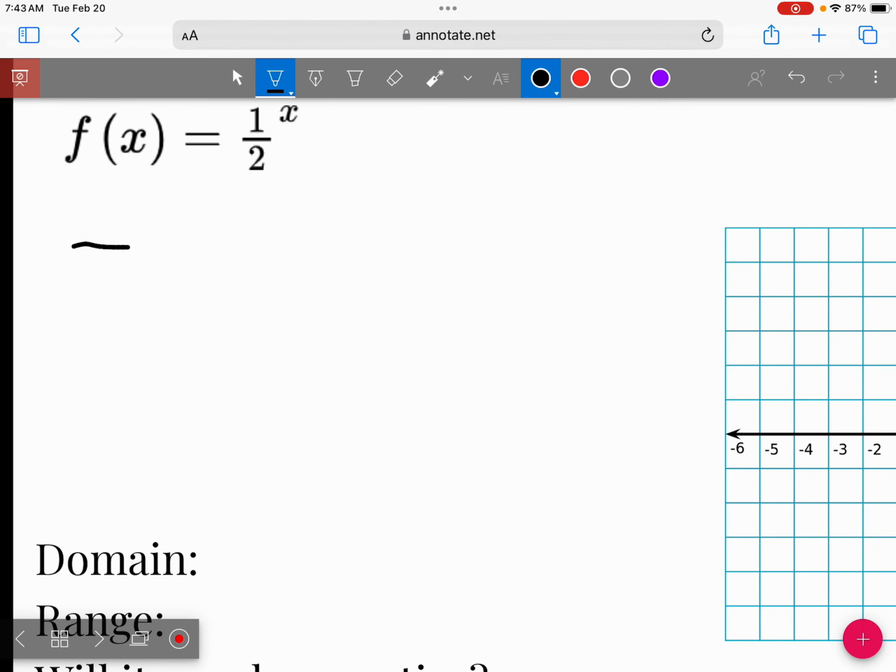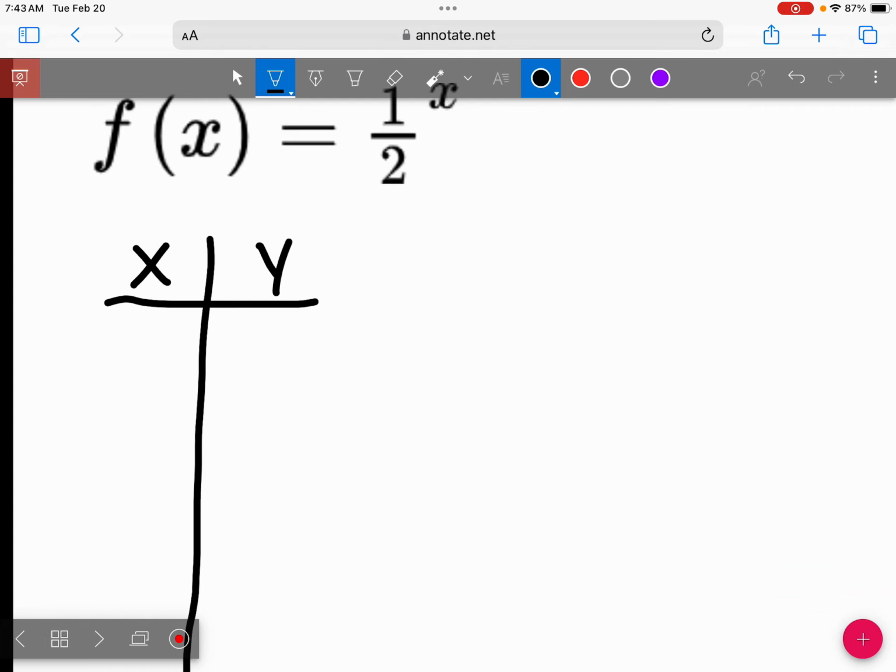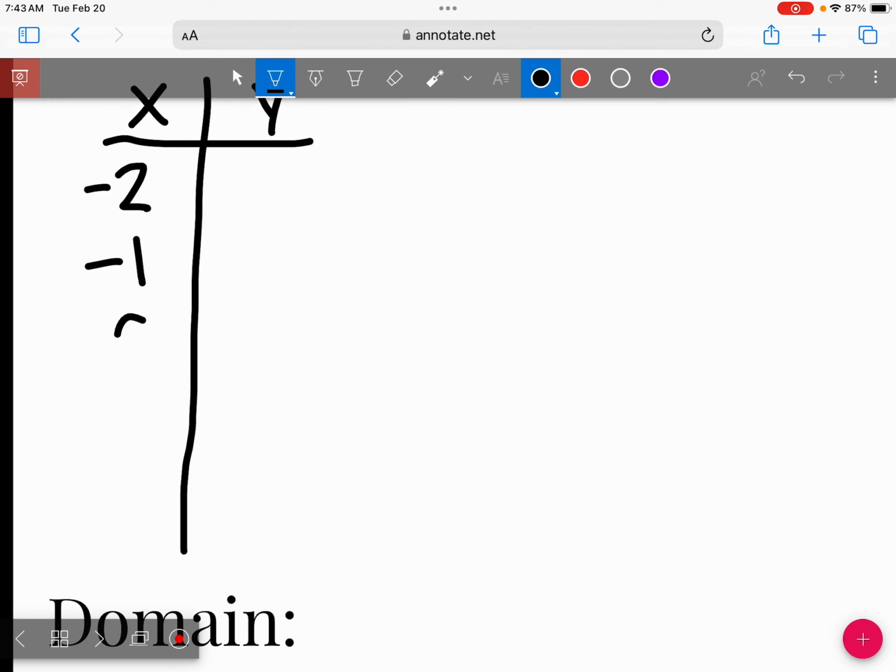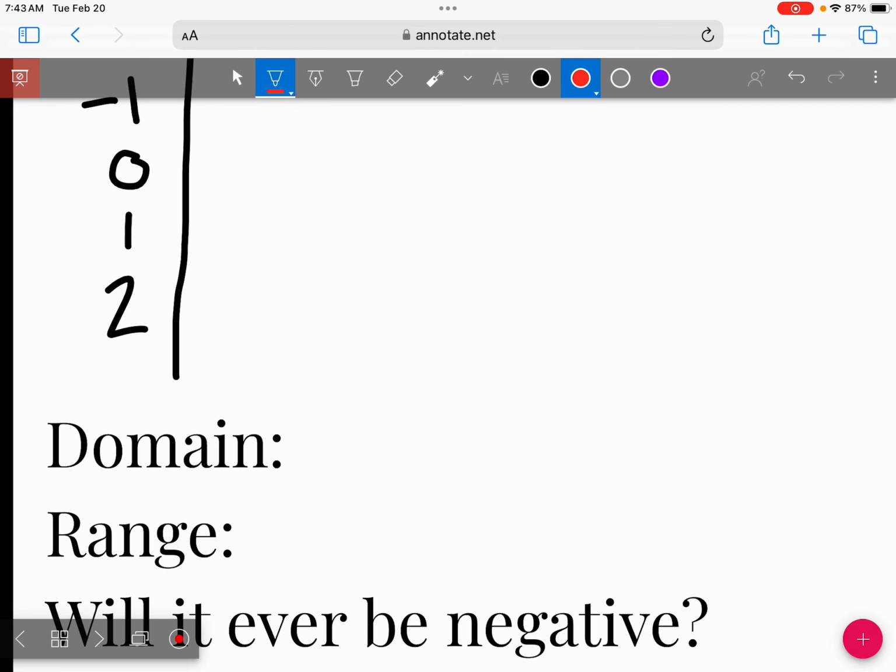So option 1 is to just straight up do it the way we've done everything else so far today, where we pick our x's to find our y's using our -2, -1, 0, 1, and 2, and knowing that we're going to have an asymptote, since this is a parent function, at y equals 0.